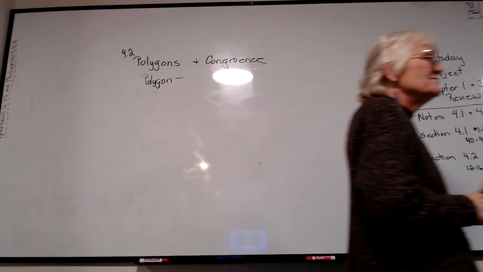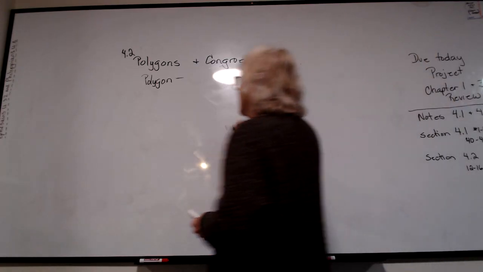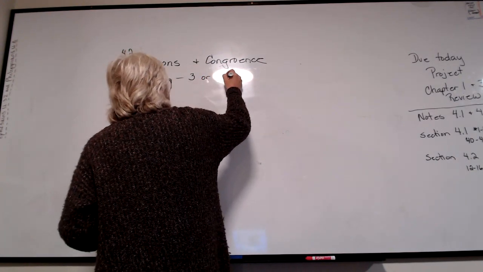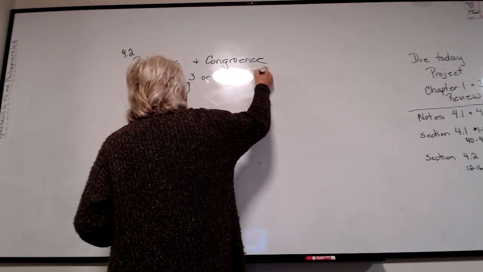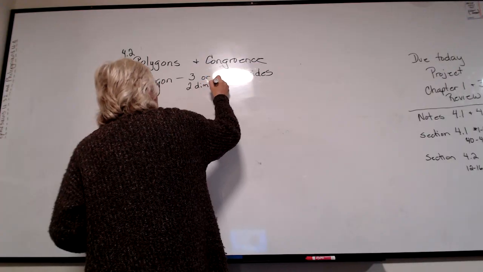Yes. A shape with more than 3 sides? Or 3 or more sides? 3 or more sides, yes. It has to have 3 or more sides. What else does it have to have? It's two-dimensional. How else would you describe it?